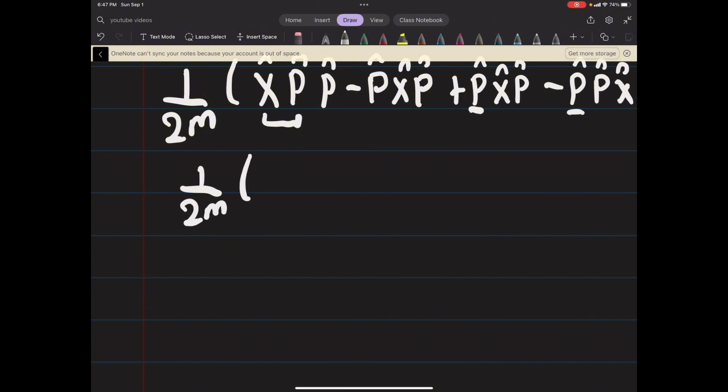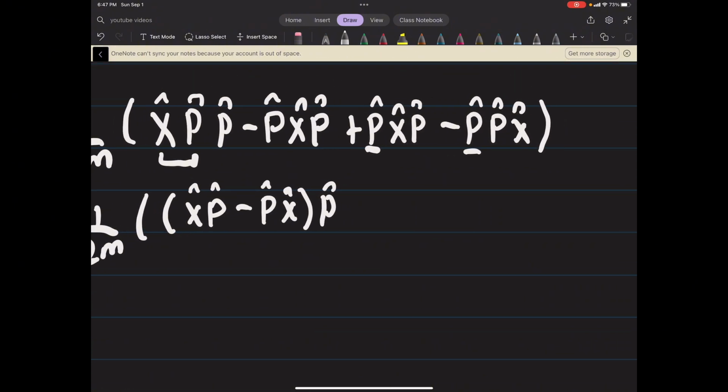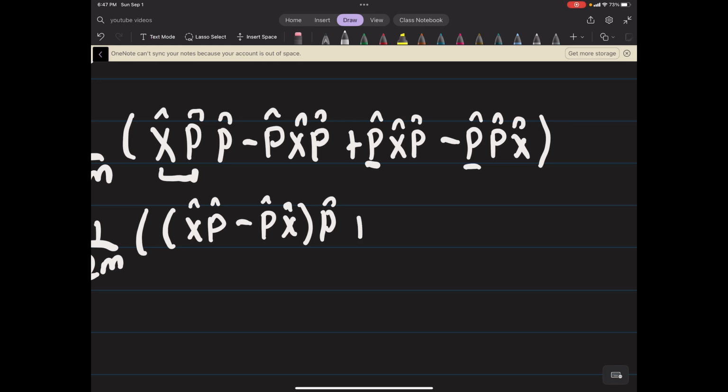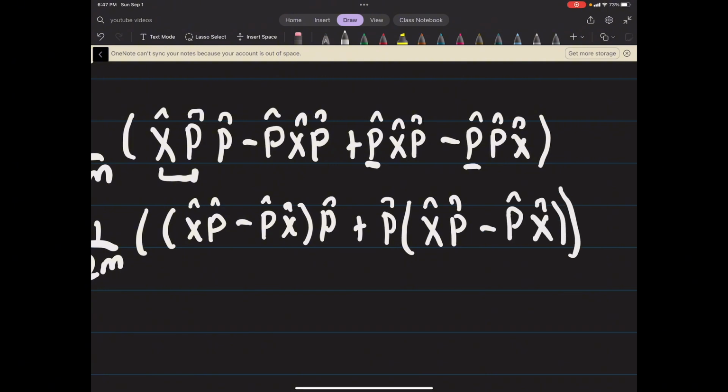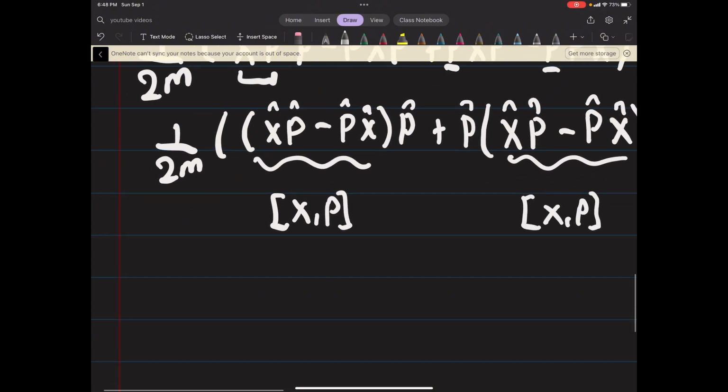So we'll do that right now. 1 over 2m times (xp minus px), where we factor out a p to the right, and then over here plus, we'll have a p factored out to the left, with xp minus px. And of course this is just the commutator, and this is just the commutator.